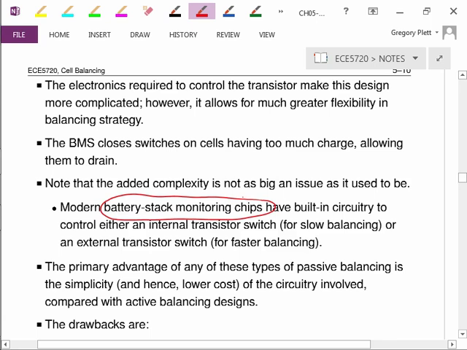So these chips sometimes have internal transistor switches, so you have an external resistor and an internal switch for slow balancing, or sometimes they even have an internal resistor for very slow balancing, or sometimes they just have a pin where they have a gate drive for an external transistor to do the faster balancing. It's still passive balancing, still dissipating, but I can have a higher current using an external transistor and resistor than I can with an internal one.